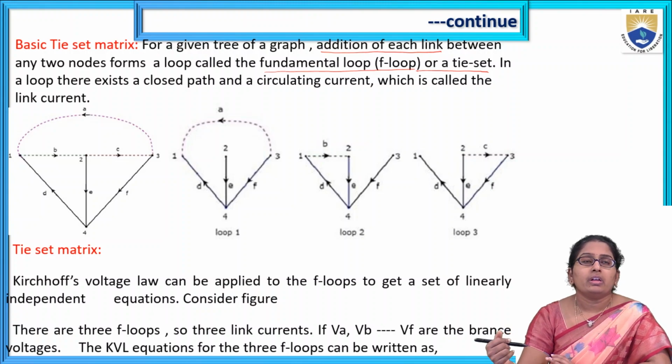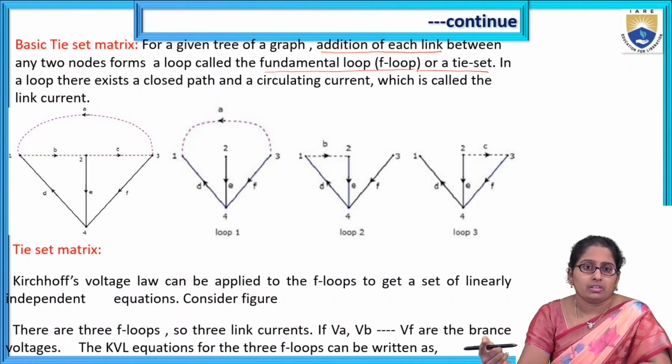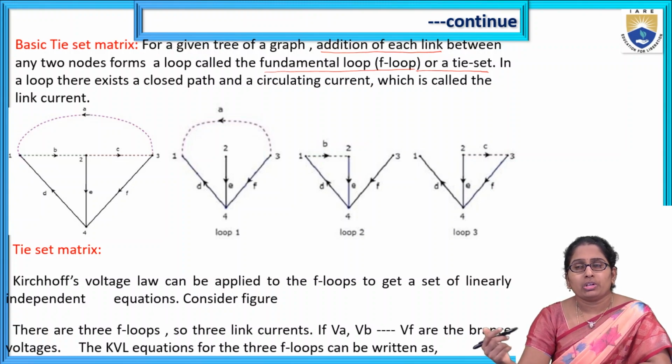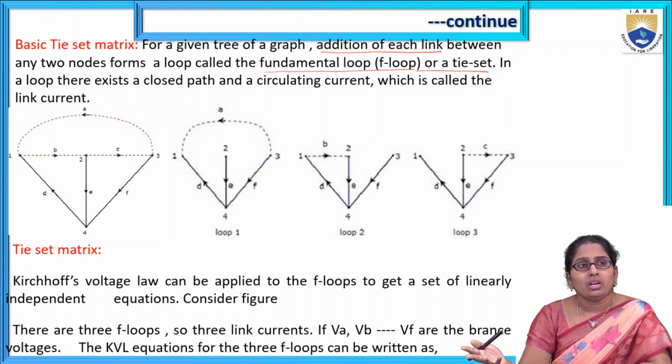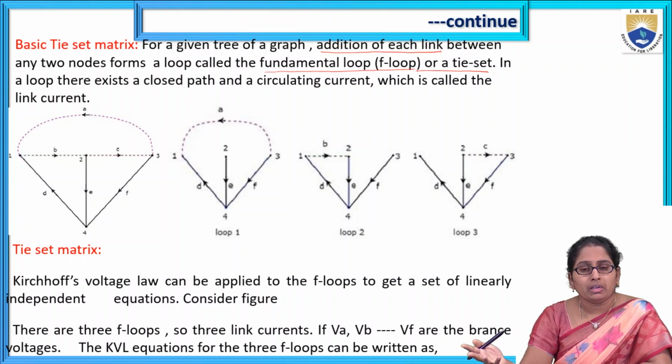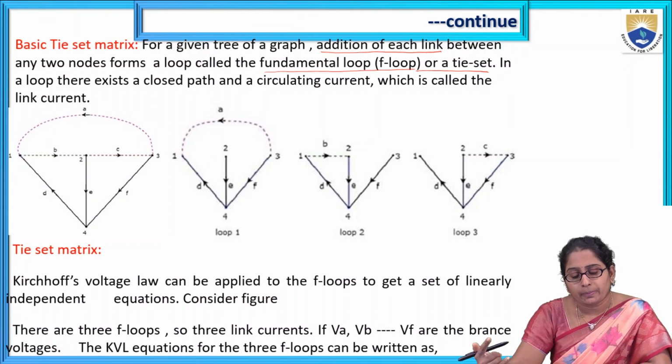For a given tree, if we add a link, meaning a branch of the co-tree. We will do a problem, then you will understand. Basically the definition of tie set: for a given tree, if we add a link between any two nodes, it will form a loop called a fundamental loop or tie set.